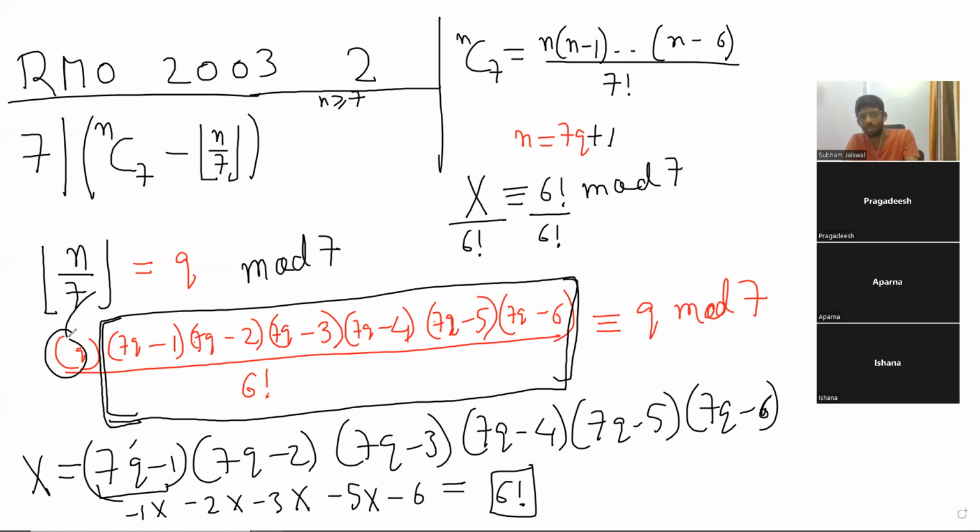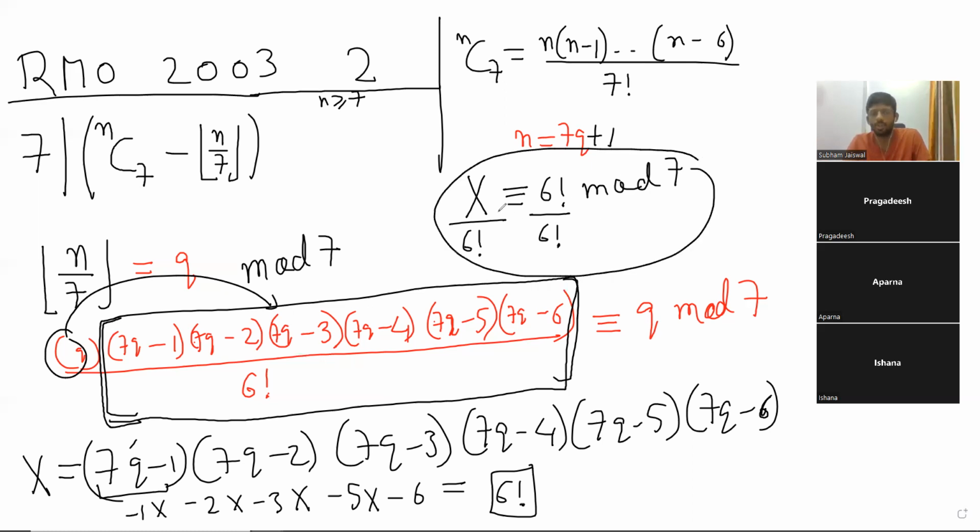This q will go somewhere in the middle. You start with 7q plus 1, do it and see. Problem is done. But then you have to explain why you can do this. Maybe we can discuss it next time. Let's not load all the things in one time. Try for the other remainders.